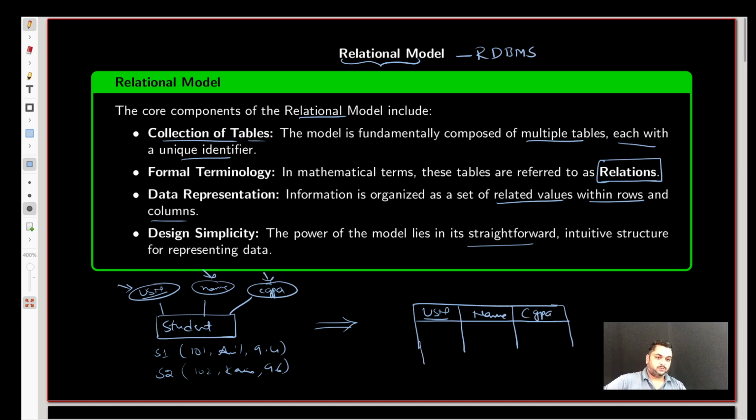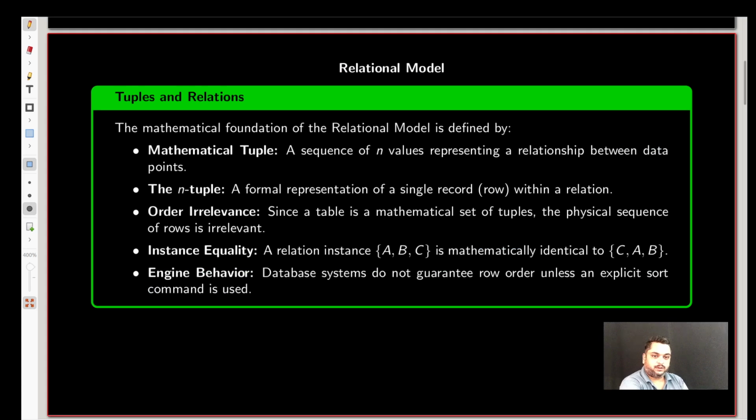What are the values now? All these entities or instances that we studied in the ER diagram become rows. Here I'll store 101, Anil, 9.4. Then the second row will have the second instance of the entity, Kevin, 9.6. So student is the relation name or the table name. Relation is also called a table in RDBMS. That is the overall picture of the relational model.